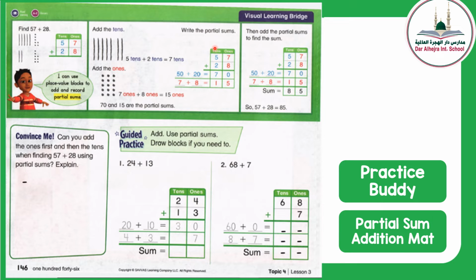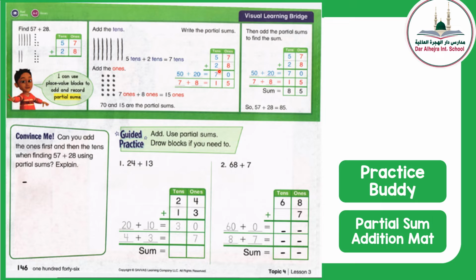So in order to understand how we do the partial sums, let's have a closer look at these. Here we need to add 57 and 28. We have written them here as tens and ones. Now we are going to add the tens first. I can see a 5 in the tens place. That means it's 50, because when a number is in the tens place, it should be written like this, 50.